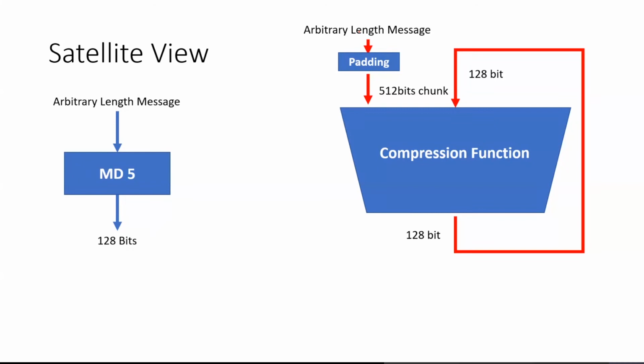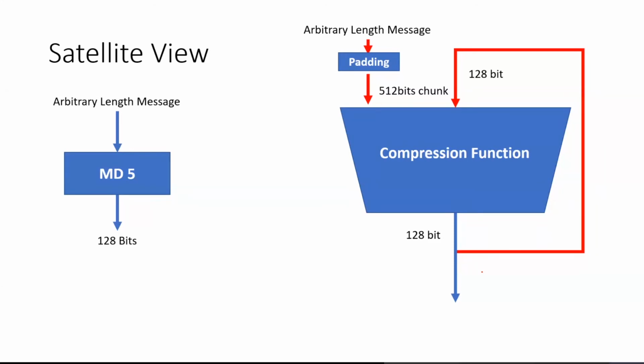The output is of 128 bits. We send the output back into a compression function. Okay. And finally, we generate a 128 bit output. We'll see what happens inside each and every block. Okay. So let us move forward.